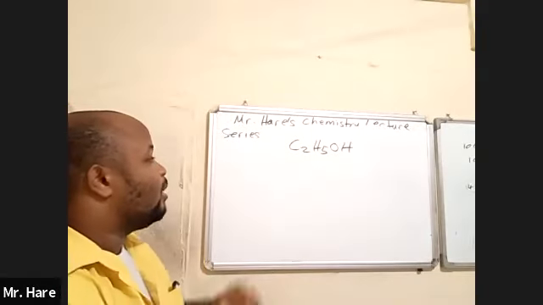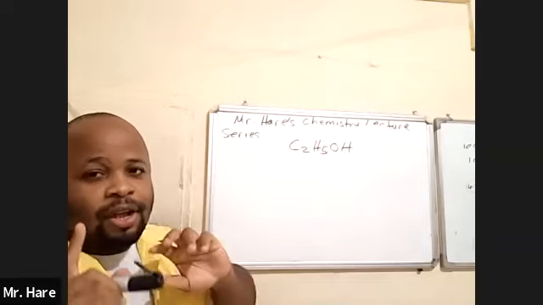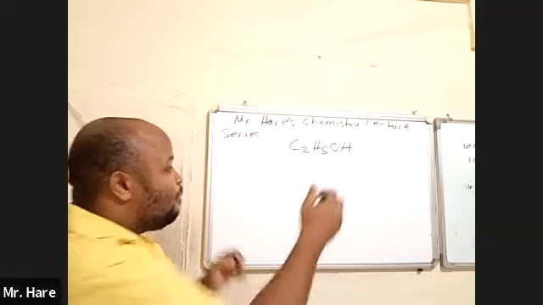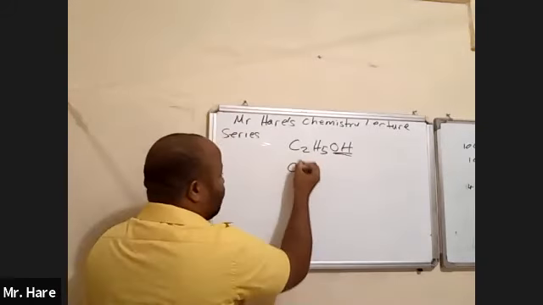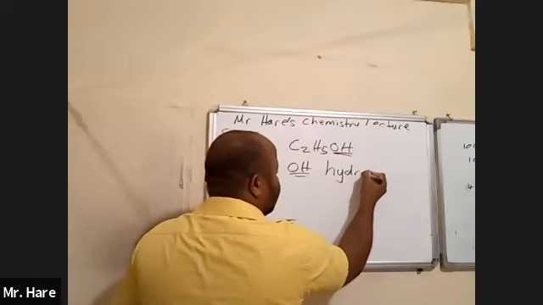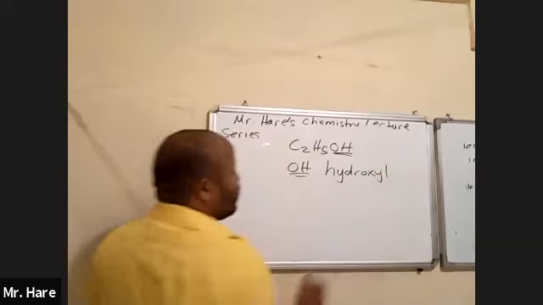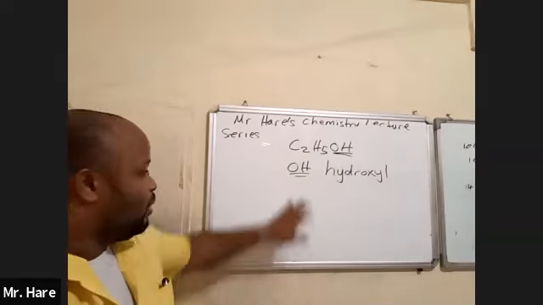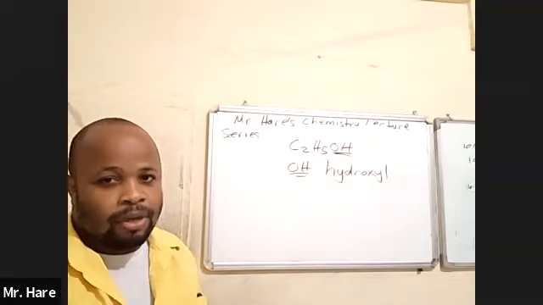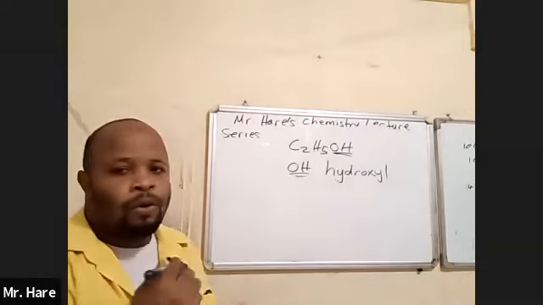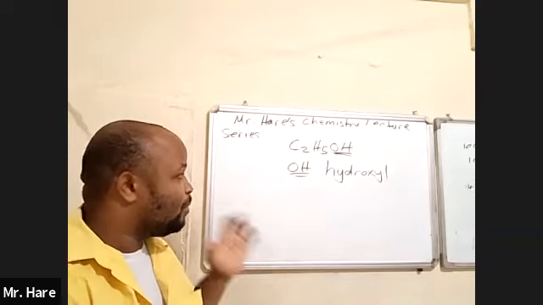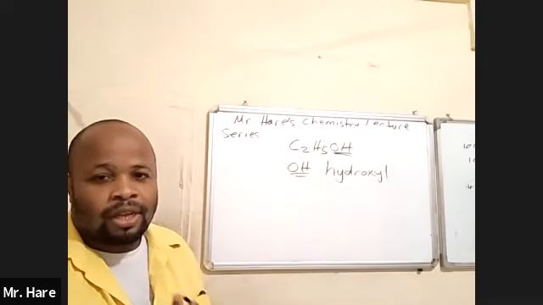What is the functional group of alcohol? OH. Well, alcohol is the whole molecular series. The functional group is the OH group, and it's called the hydroxyl group. So the hydroxyl group, OH, is the functional group. Alcohol is the whole molecular series. So if they ask you for the functional group, don't say alcohol.